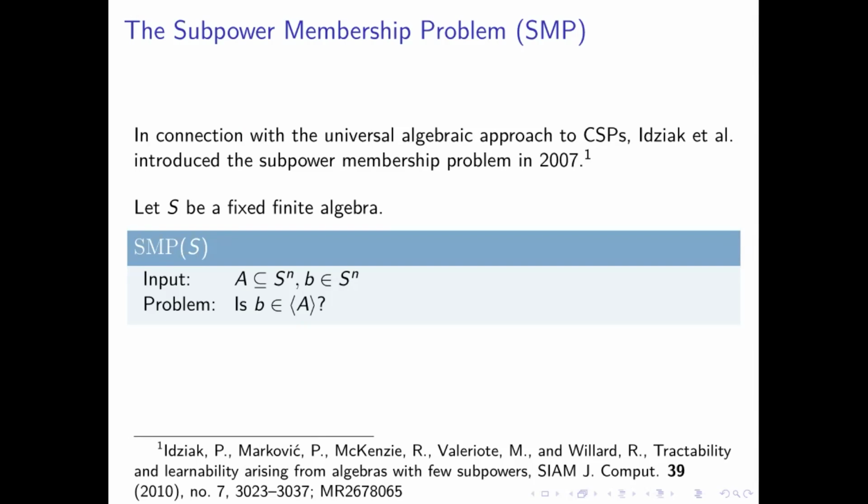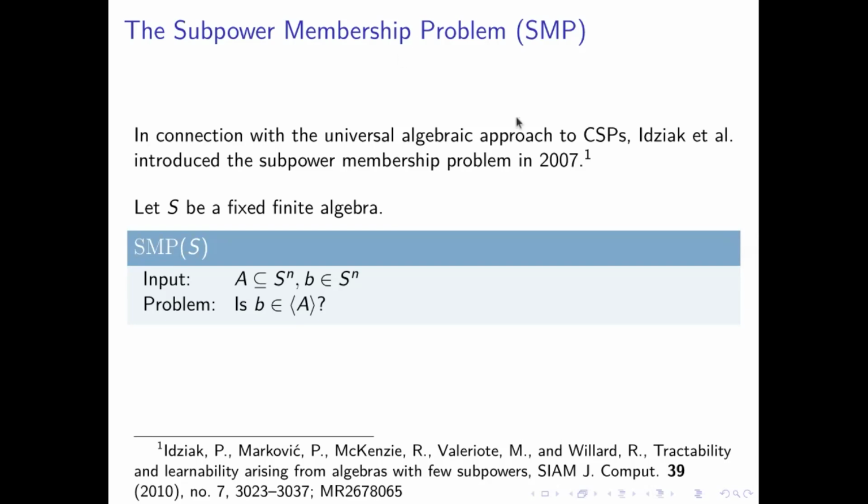The input is a set A of n-tuples over S, and a target element B, which is an n-tuple in the same set S^n. The problem is: is the target element B in the subalgebra generated by A?